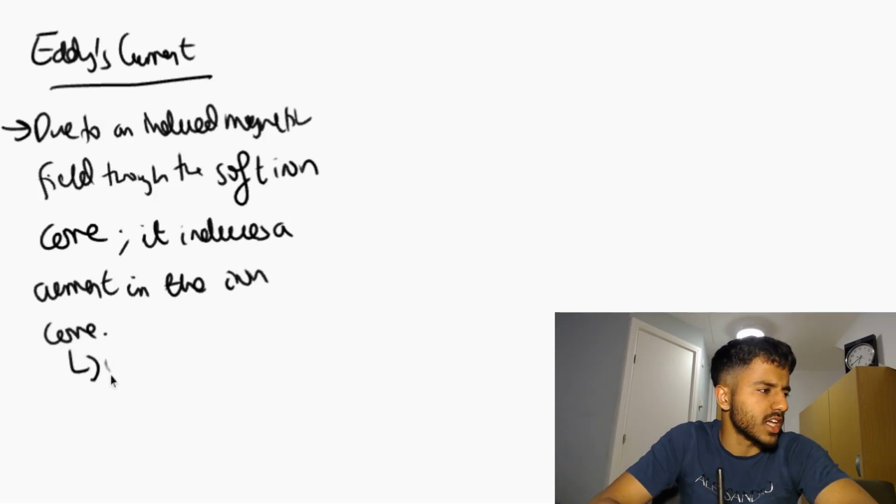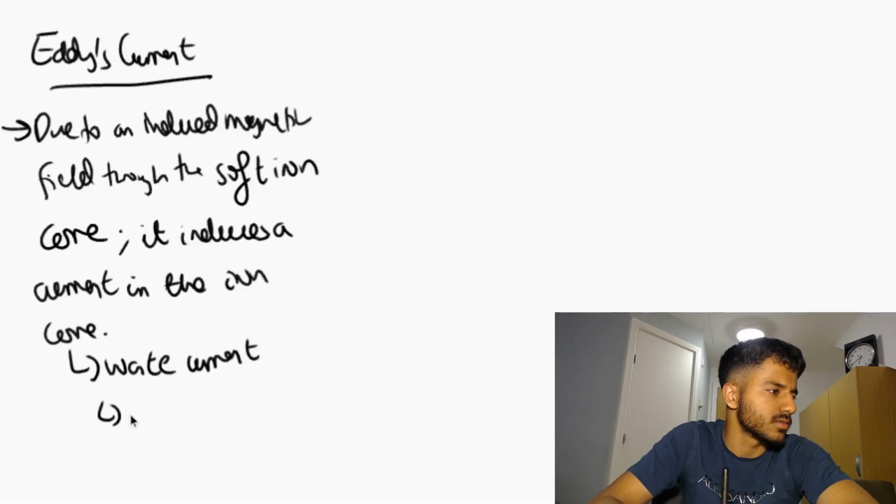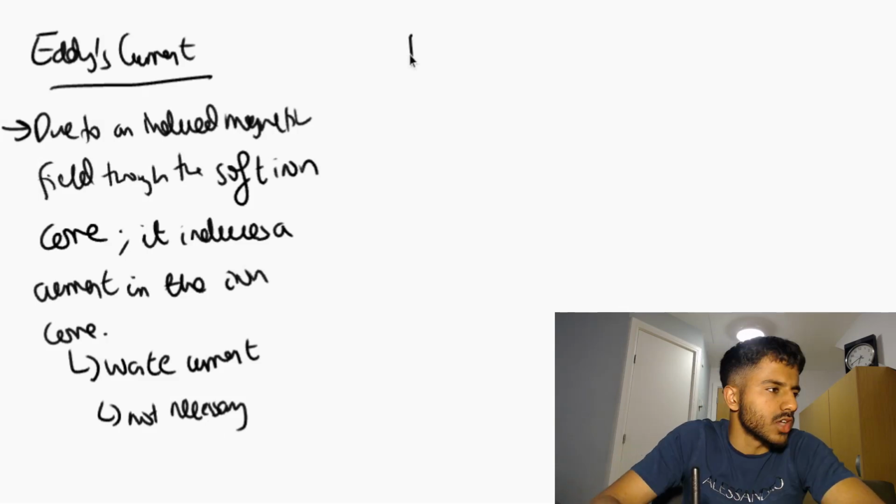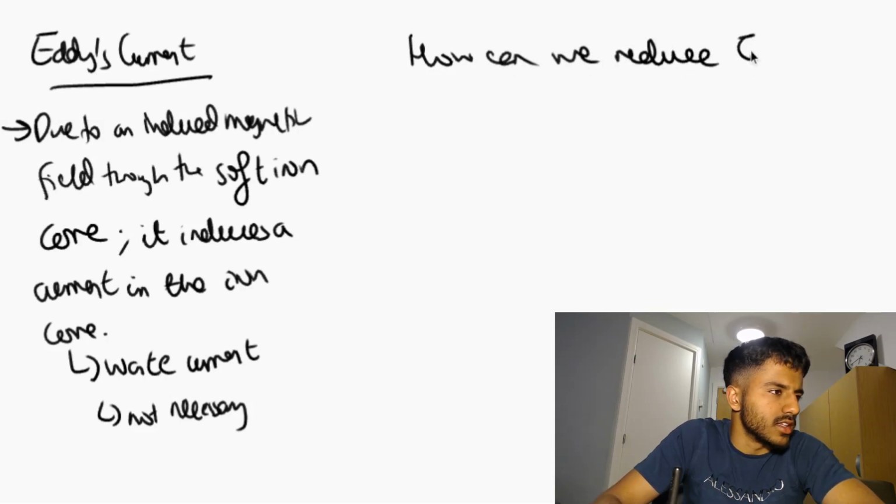Now, this current is a waste current, it's not necessary. So, that is one way that we end up losing energy because now some power is dissipated in the iron core. So, how can we reduce eddy currents?